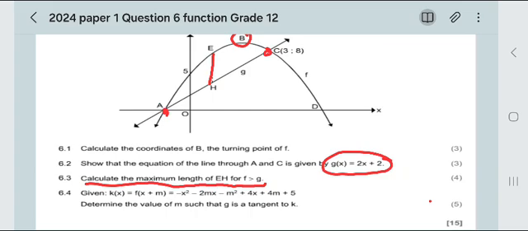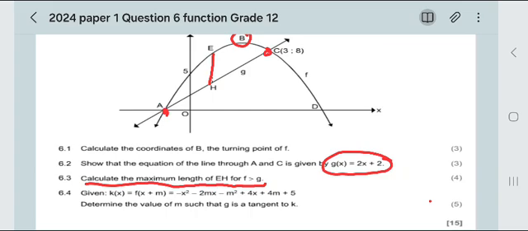To find the maximum length, you must always know that when you see things like maximum, nearest, smallest, use the turning point formula, or the first derivative. If it is a parabola, the maximum occurs at the turning point, and the minimum also occurs at the turning point.